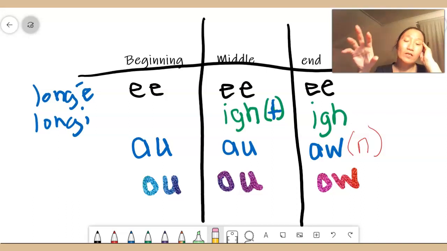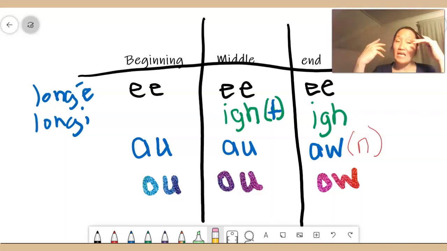All right, so now we're going to look at the AU, AW. And this one follows the rule of beginning, middle, end. They say the same thing, aw, aw, aw, which is the cute sound. But where you hear the aw tells you how you spell it.